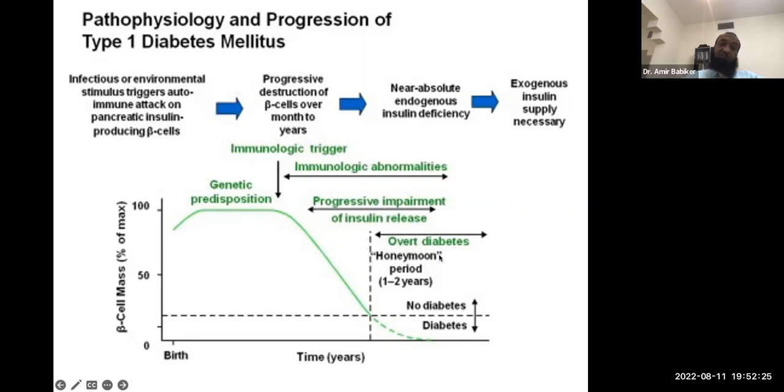Before the diabetes becomes overt, some of the remaining beta cells will try to compensate in a honeymoon period, which may progress up to 1 to 2 years.